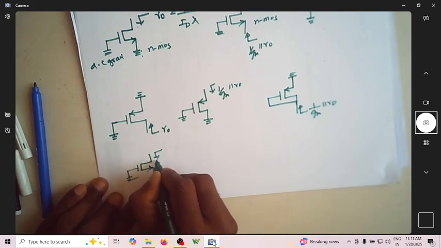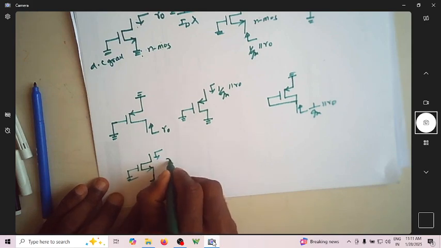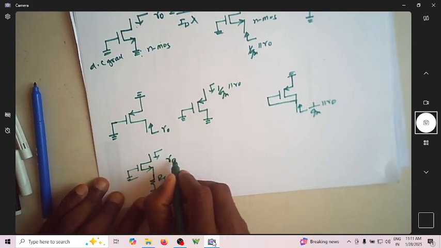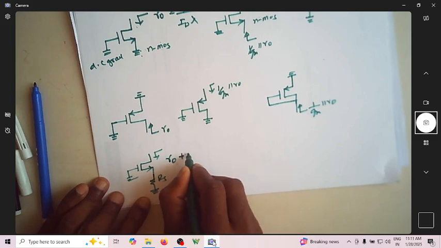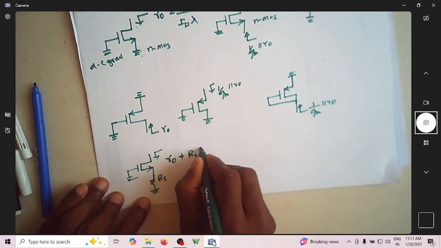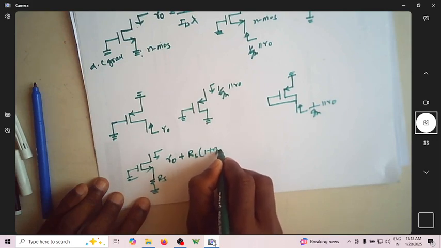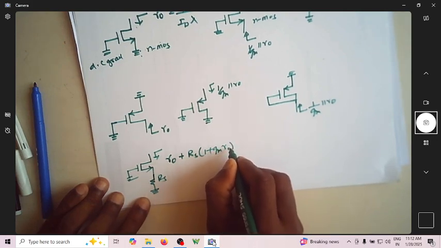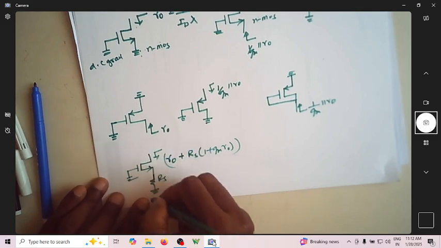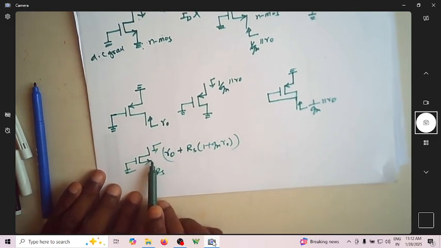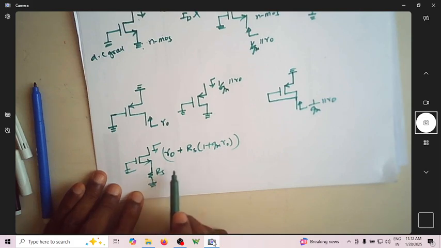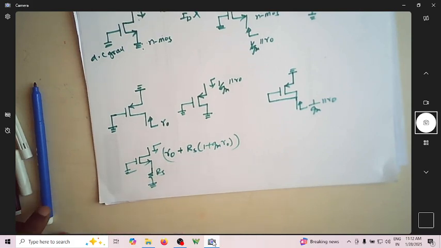If you look from here, the resistance is R0 plus RS into 1 plus GM R0. So this is the overall resistance looking into the drain if the source is connected to ground through RS.